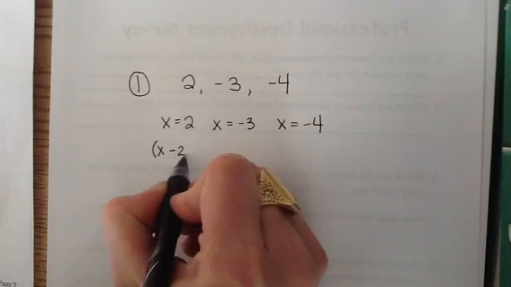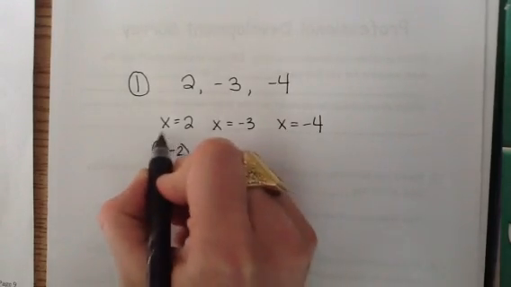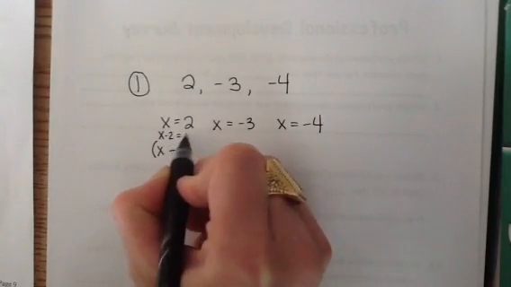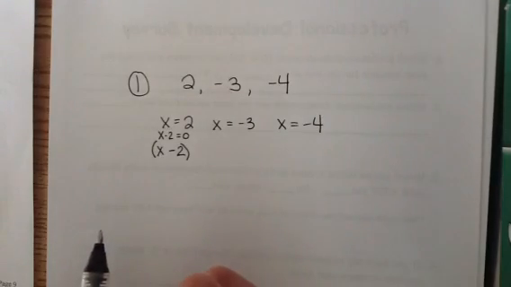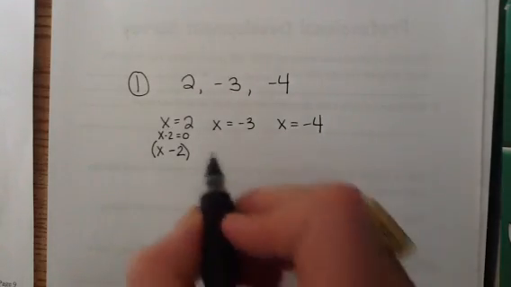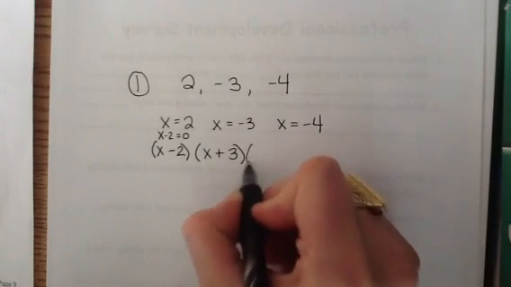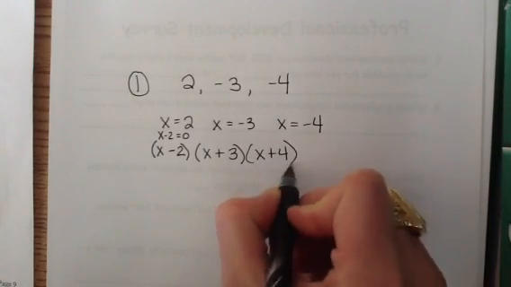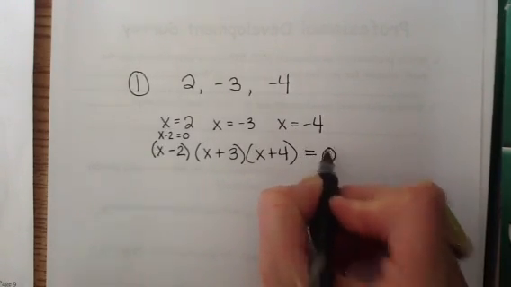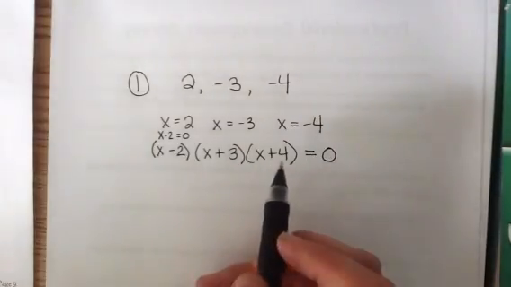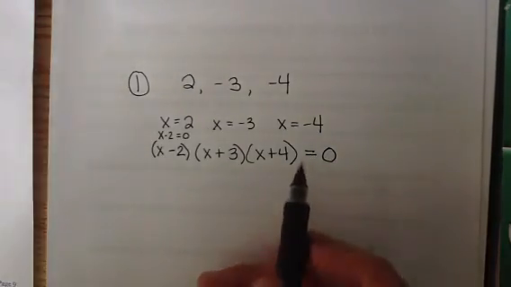I get x minus 2 as my factor because I have x minus 2 equals 0. So then I add 3 to the other side, I add 4 to the other side, and it all equals 0. So now I have my 3 factors equaling 0.